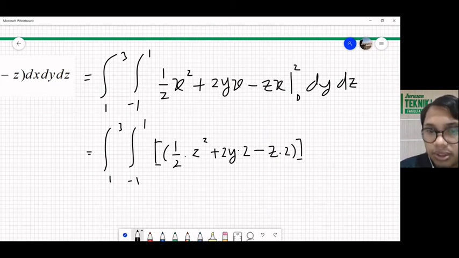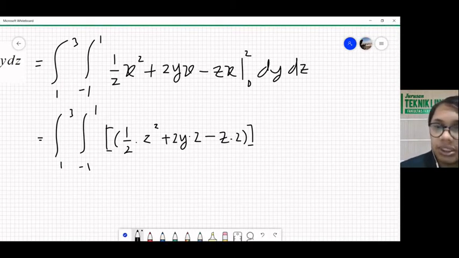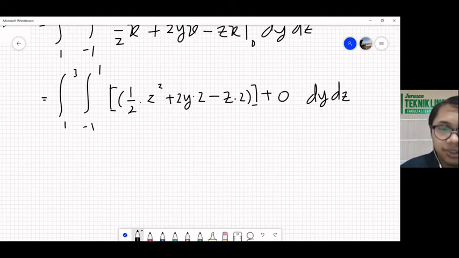We know that the second limit is 0, so for practice, just put 0 at the end. And dy dz.